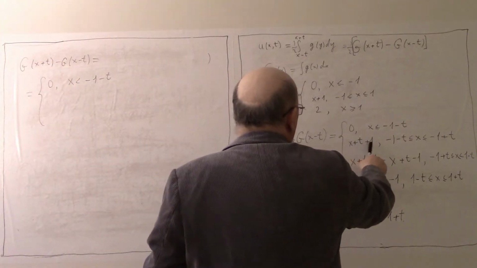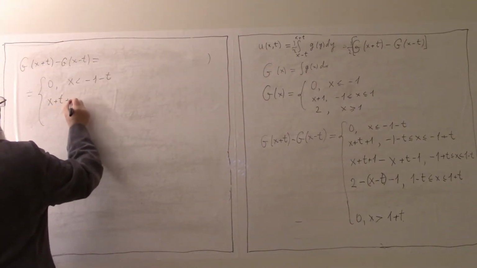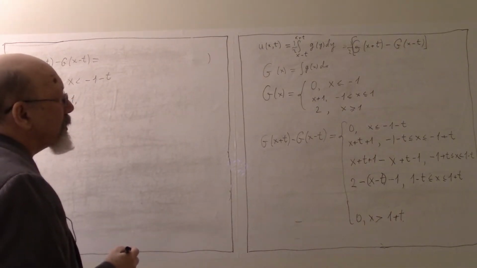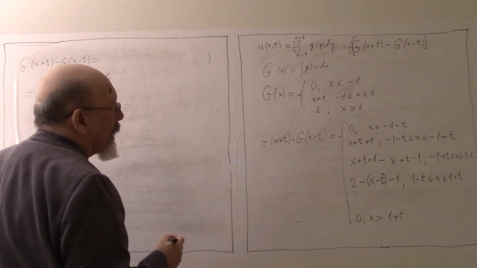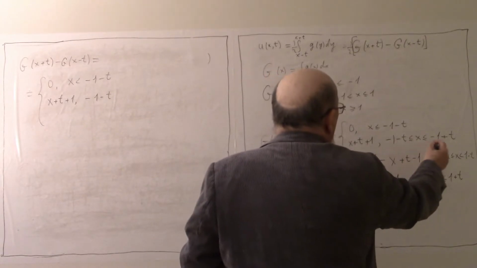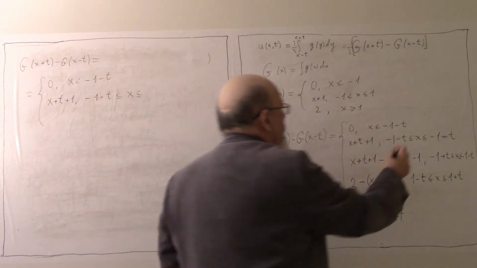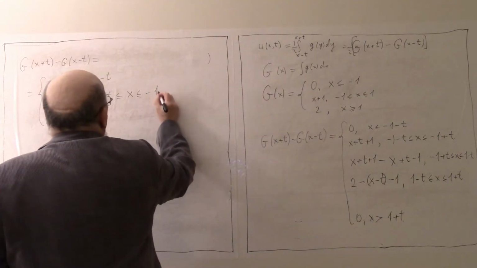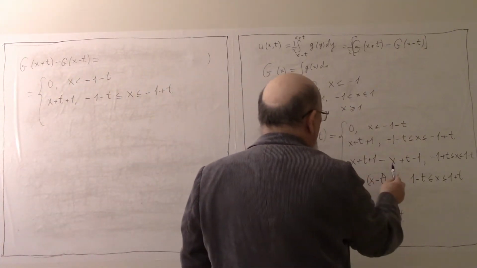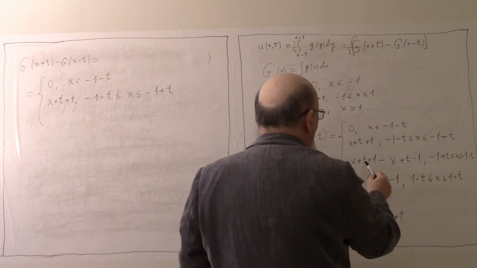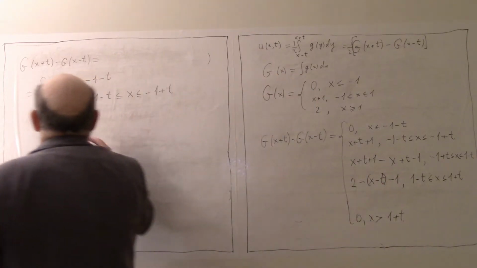Here it is x plus t plus 1 when minus 1 minus t is less than x less than minus 1 plus t. Next is this term goes x minus x. It is 2t. That's it. 2t.